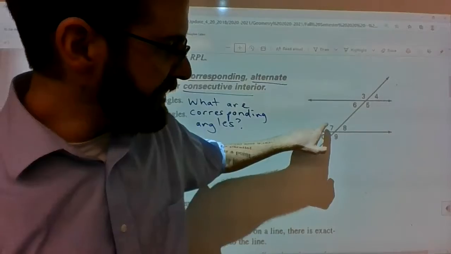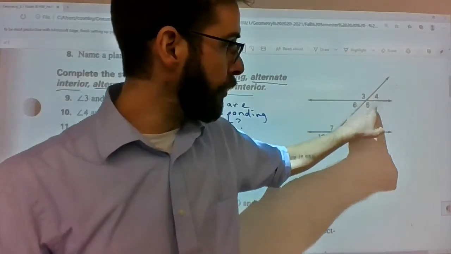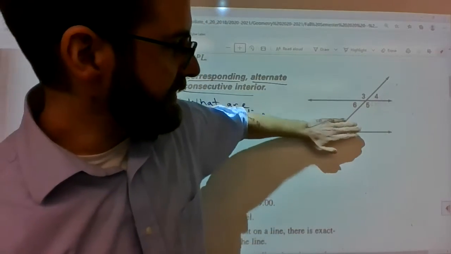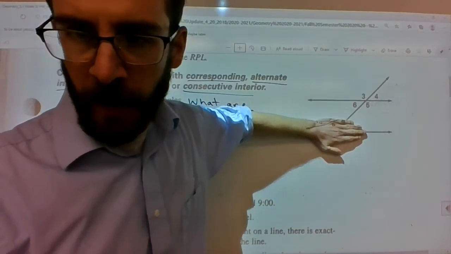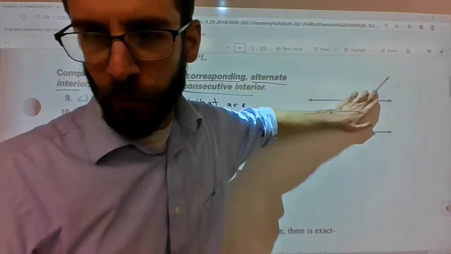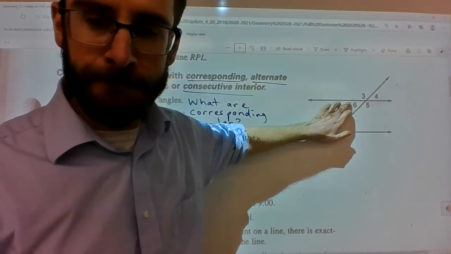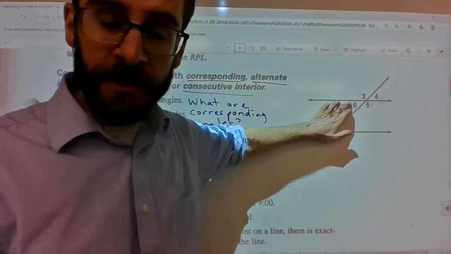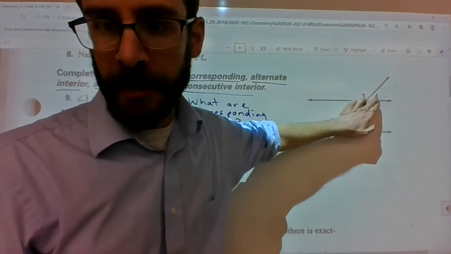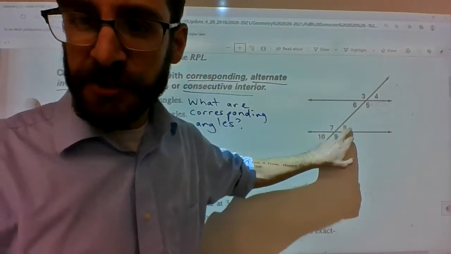So you can look at this as a pod of 4 angles down here and a pod of 4 angles up here. And if we're just looking at the first pod, you've got your upper left, upper right, and lower left. And all that it means to be corresponding is upper left in this pod corresponds with upper left in this pod.